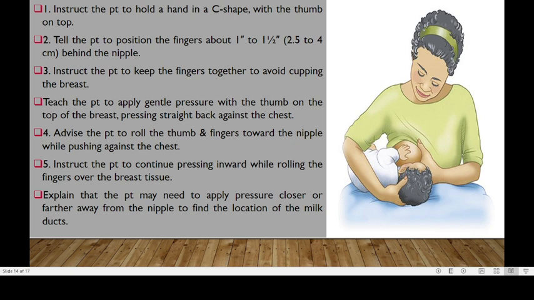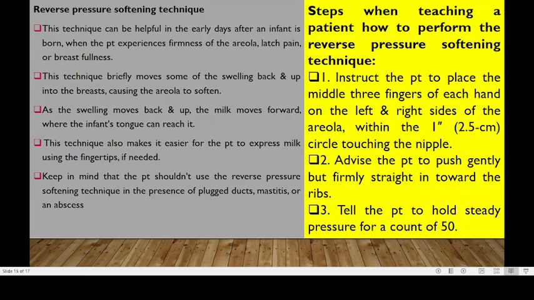Advise the mother to roll the thumb and fingers towards the nipple while pushing against the chest, continuing to press inward while rolling the fingers over the breast tissue. You have to explain that the mother may need to apply pressure closer or further away from the nipple to find the location of the milk ducts.